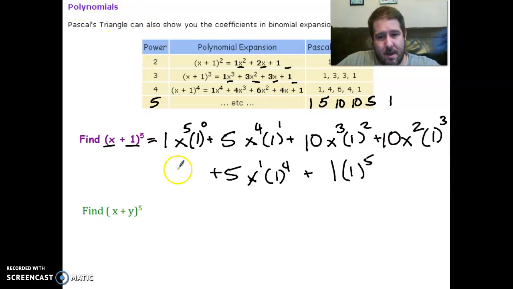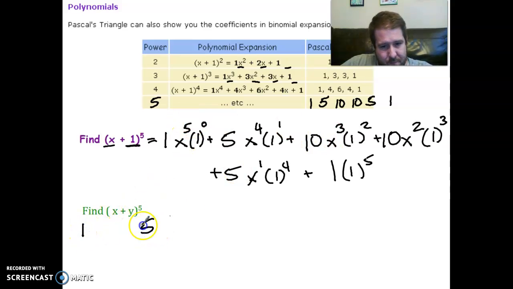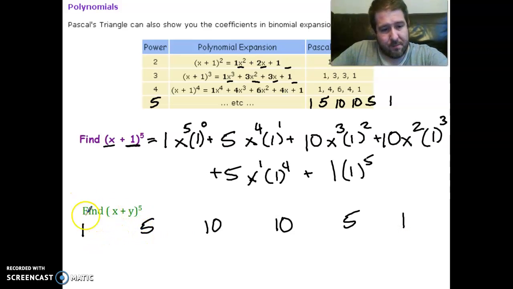All right, just enough time to get the last question done. I'm going to do the same steps I just did, but this time it's x plus y, so I can't just skip the last number because it's not 1 this time. It's to the 5th power, so it's going to be the exact same coefficients: 1, 5, 10, 10, 5, and 1. The first term is to the 5th power.